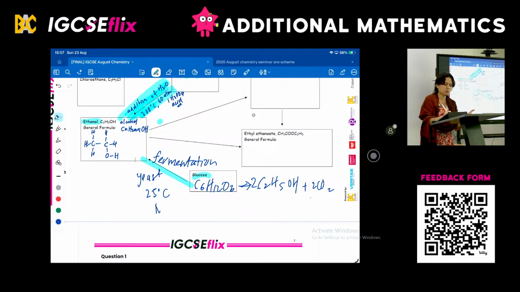And then no oxygen. You no need to write anaerobic for chemistry. Okay? So it's C2H5OH. So this is ethanol. Okay, where do I get the glucose from?